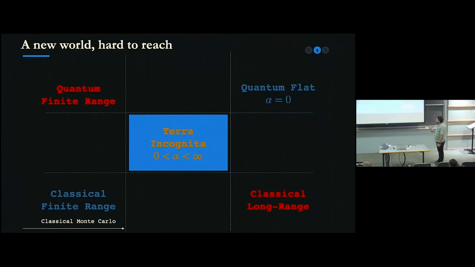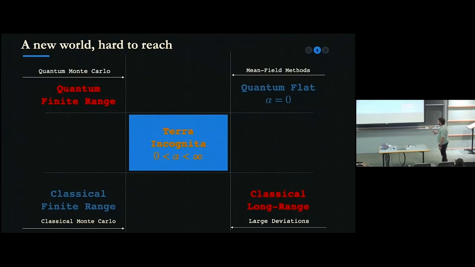And the reason why we don't understand completely, or part of the reason, is that our standard techniques to understand these systems are not so good. For classical systems, traditionally we have classical Monte Carlo and large deviations. For quantum systems, we use mean field methods, but these only work exactly for the flat interaction case.